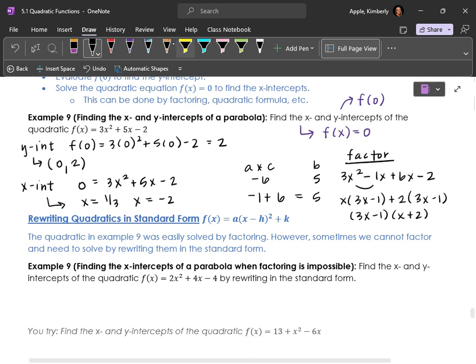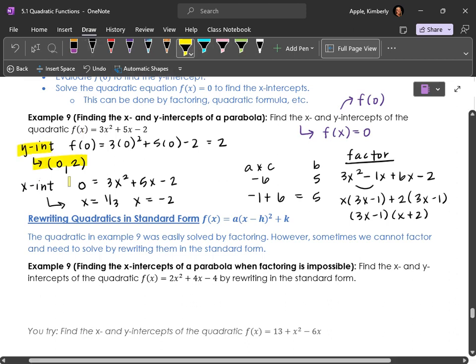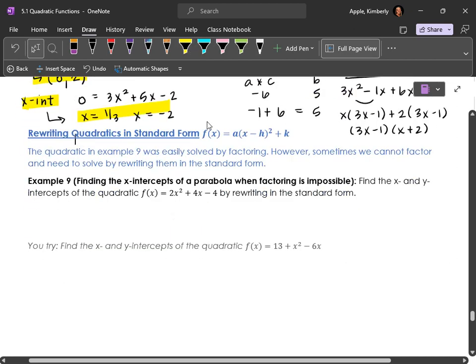And so here are your y-intercepts, here are your x-intercepts. Again, you can use factoring, you can use quadratic formula, you'll get them either way. And so looking at the next example, if we cannot factor, and if you don't like quadratic formula, you can solve by rewriting into the standard form.